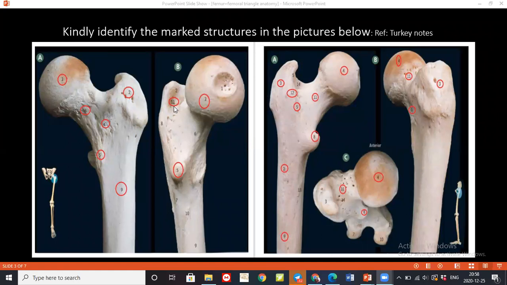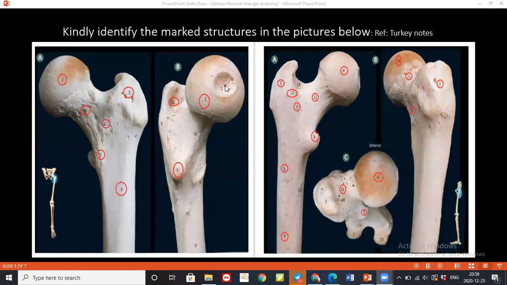Trochanteric fossa. Okay. What is 5? It's the lesser trochanter. And what is 3? Is it the capsule? The head. Yeah, the head.